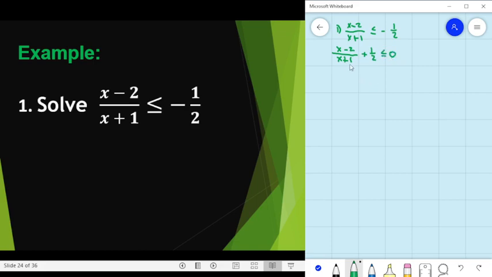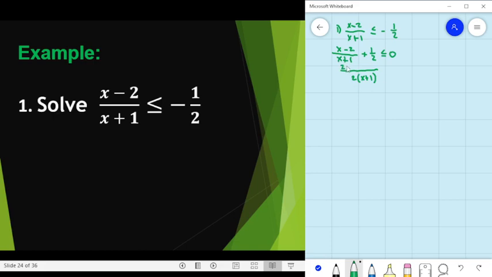And then afterwards, we need to find the LCD because we want to make it a single fraction. So the LCD would be 2 quantity x plus 1, whatever is in the denominator. So divide this LCD by x plus 1. So the x plus 1 cancels out.